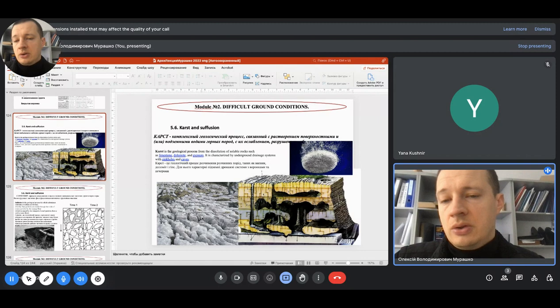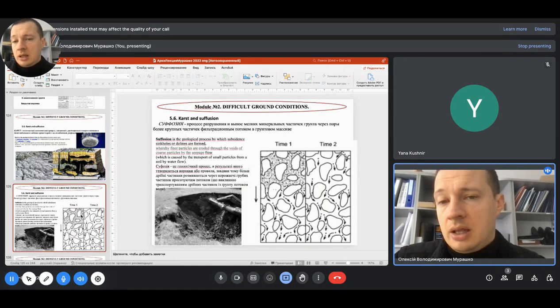And on the surface, in some cases, you can find such a result of surface water, which is connected with karst also. So this process is connected with the dissolution of soluble rocks. It's a chemical process.